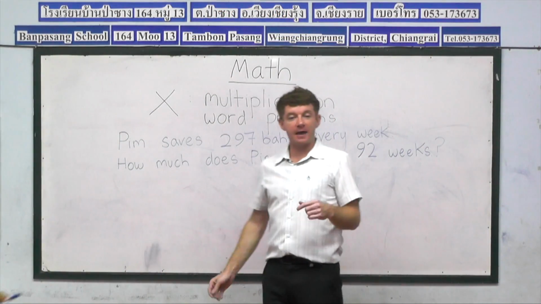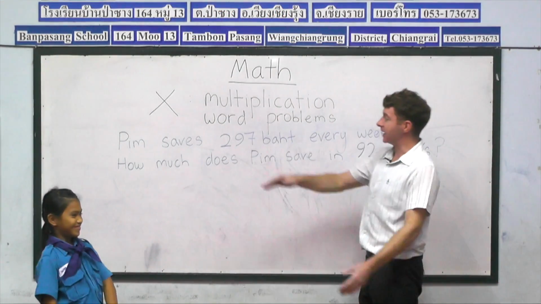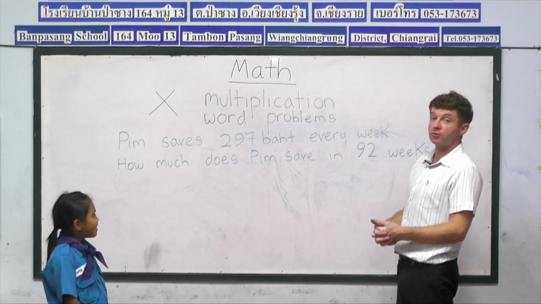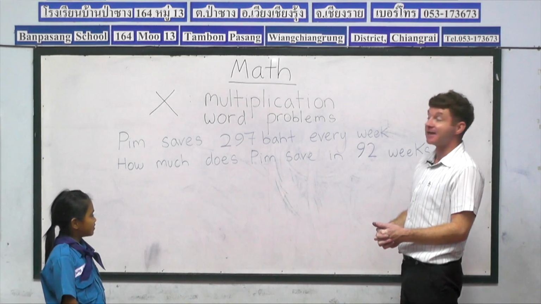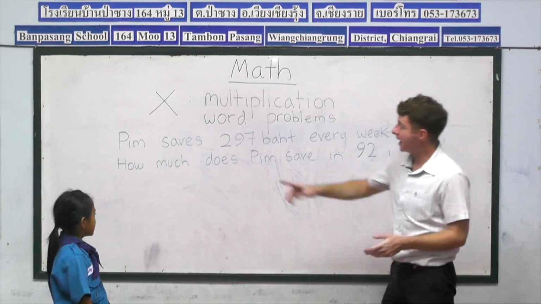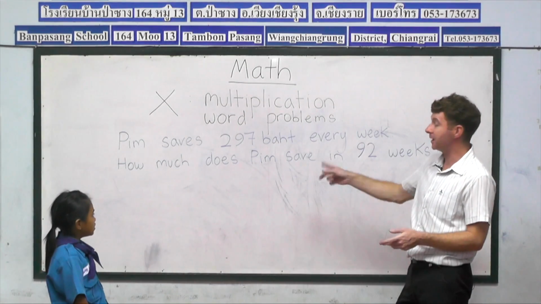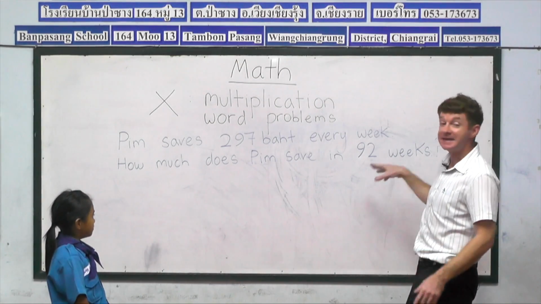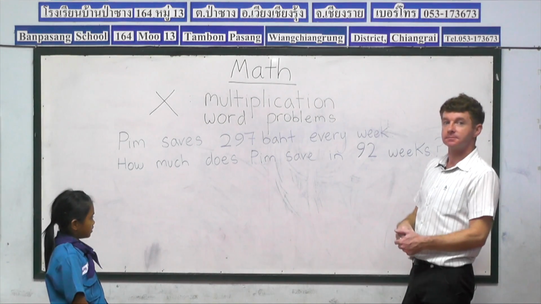So one more time, guys, let's read together. Pim saves 297 baht every week. How much does Pim save in 92 weeks?